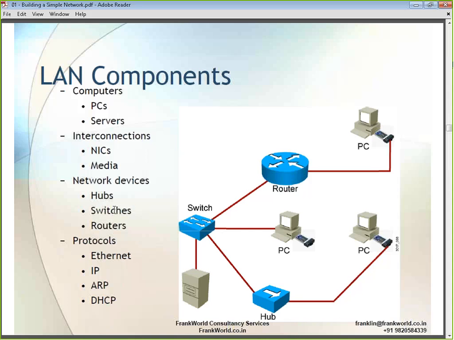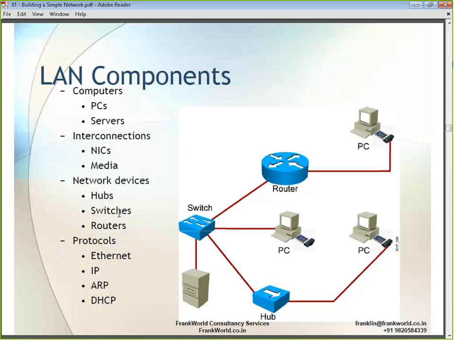So what is the purpose of a hub and a switch? A hub and a switch are typically used to connect various networking devices, whereas a router is used to connect different IP networks.